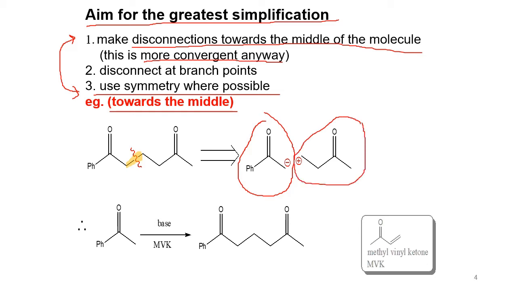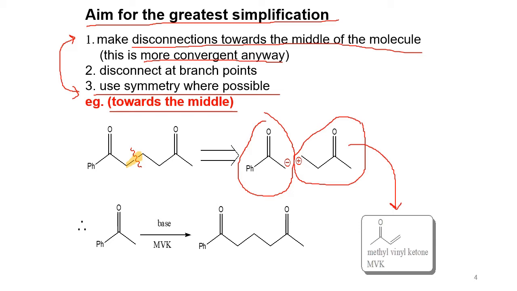Because it is minus, we can complement it with just hydrogen, and because this is plus, we can complement it so it can become methyl vinyl ketone like this.